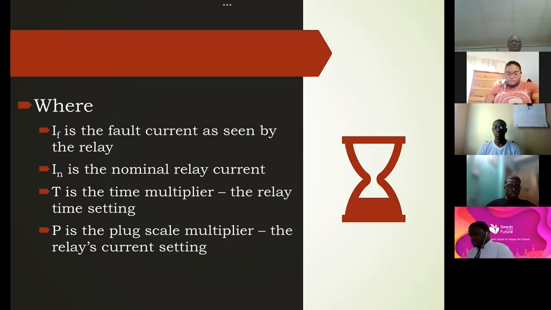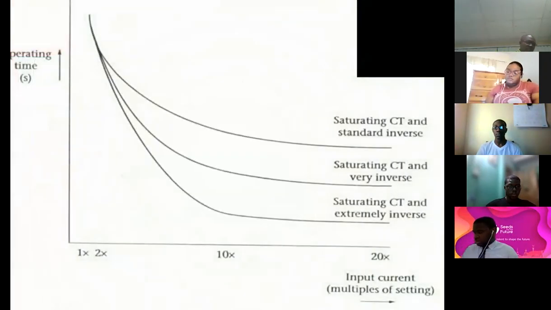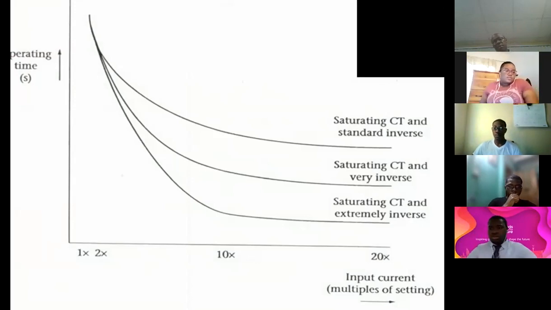Okay. Now, just to make a few more comments regarding the three inverse characteristics. We are showing the saturation curves in terms of the relay, CT output to the relay, right?